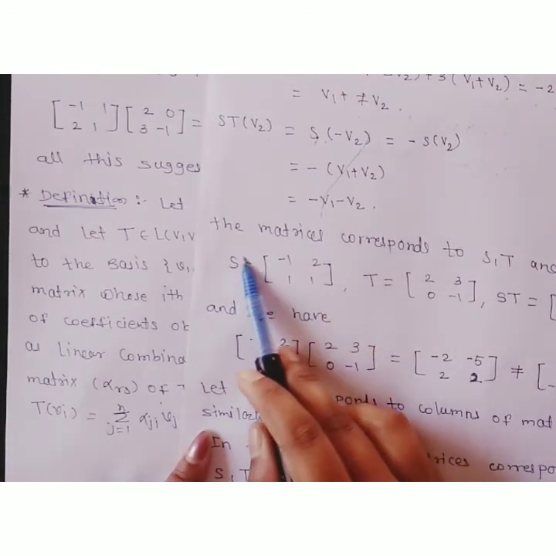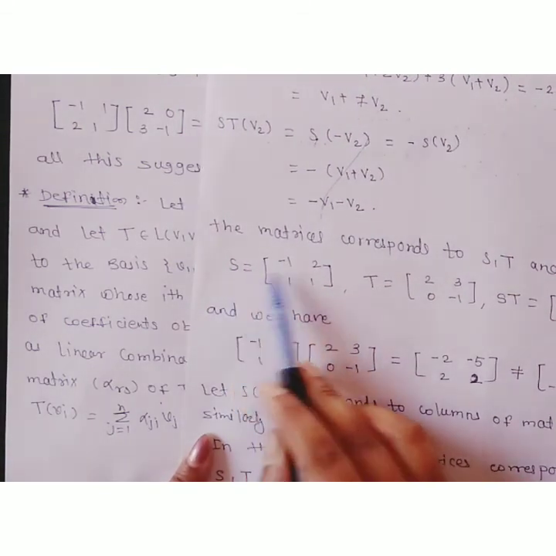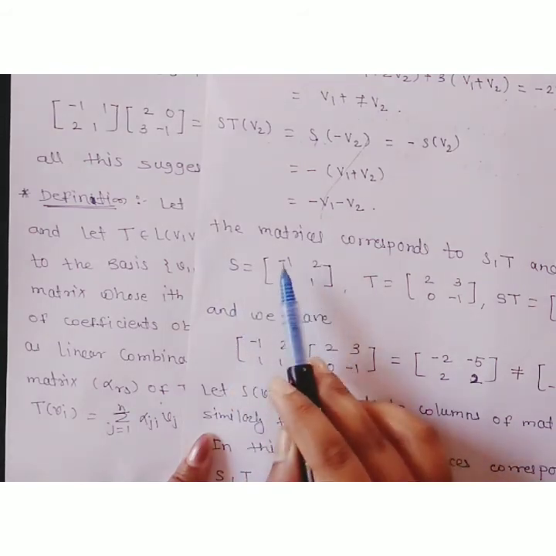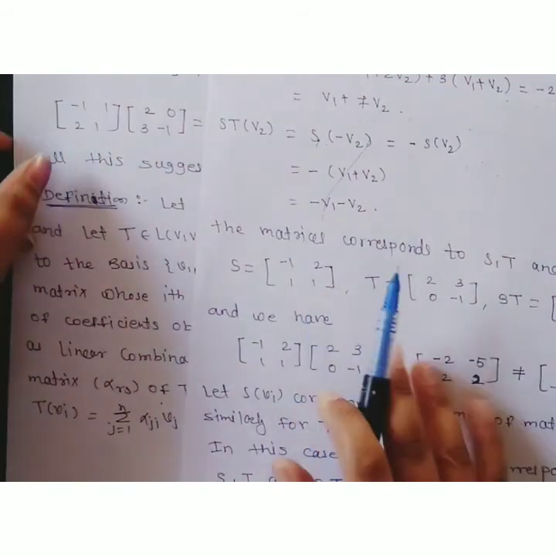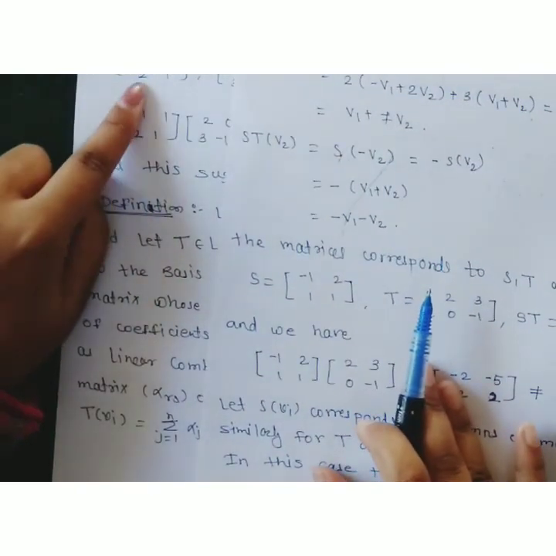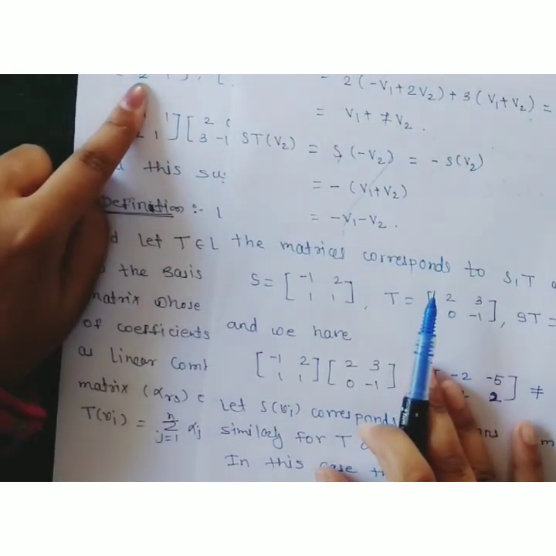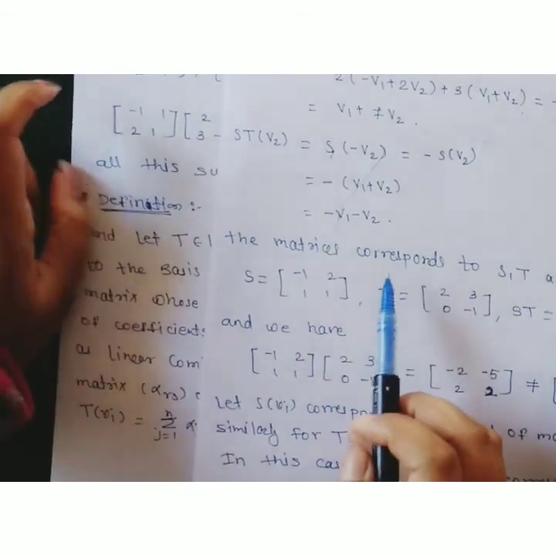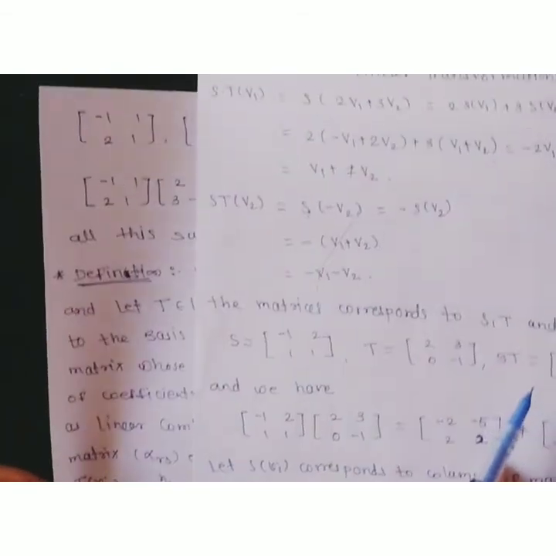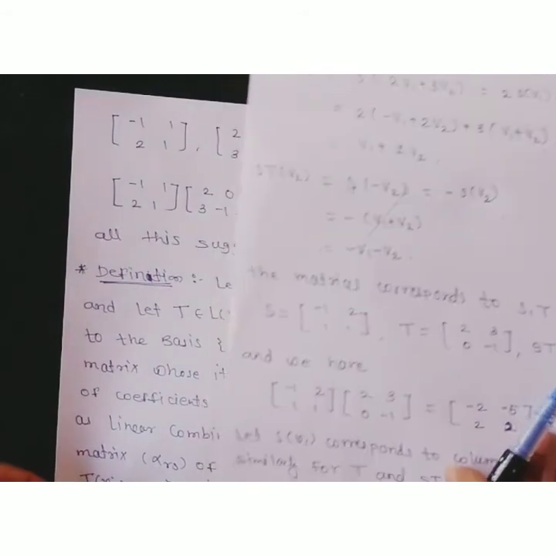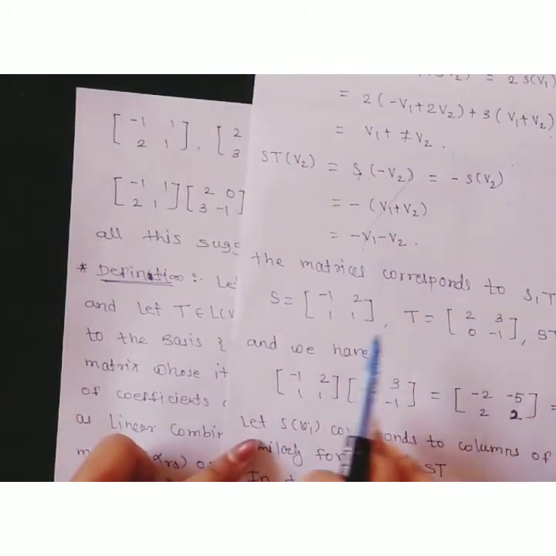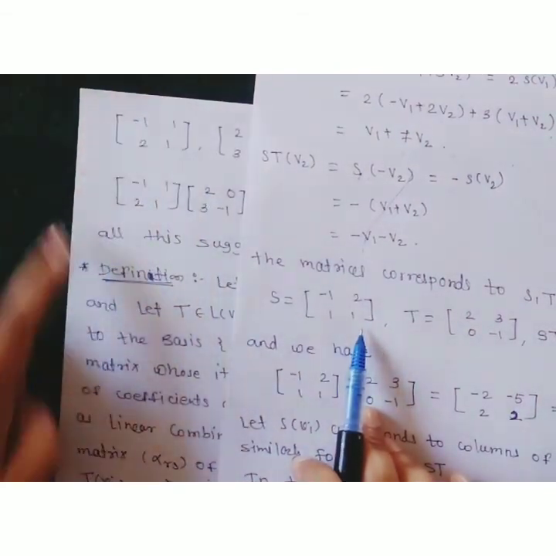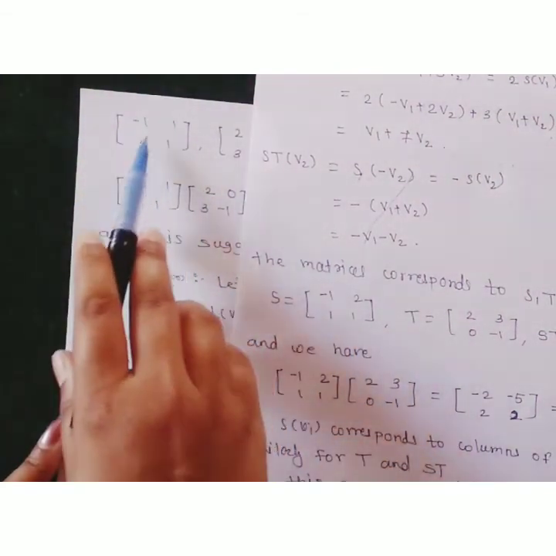So the matrix corresponding to SVi is given by the transpose of the matrix S. We take the first row as the first column, so consider minus 1, 2 as the first column, and 1, 1 is the second row, so consider it as the second column. Therefore the matrix is [-1 1; 2 1].